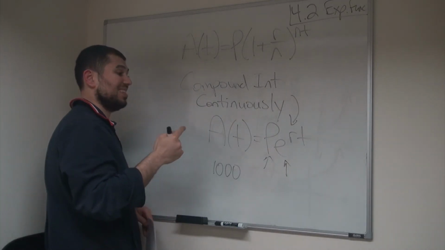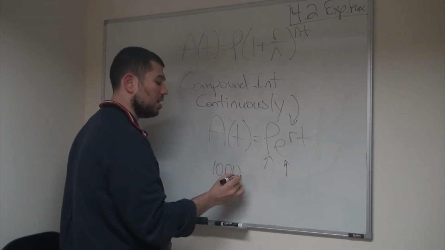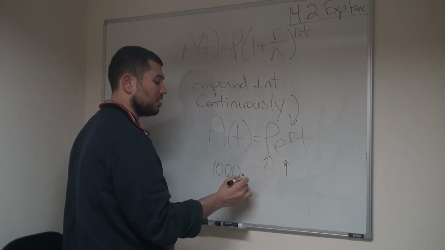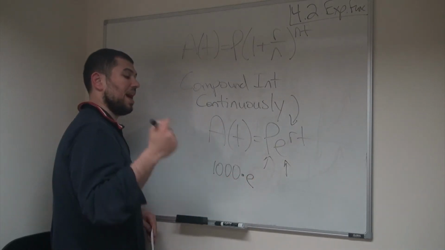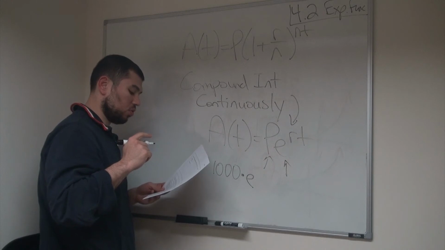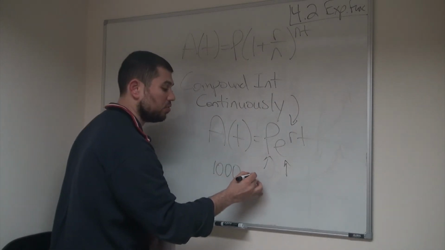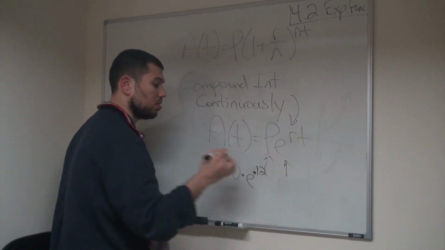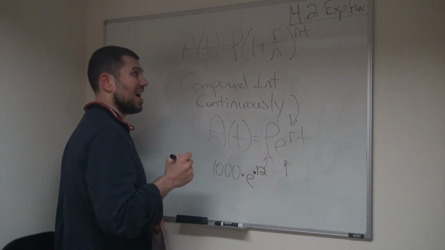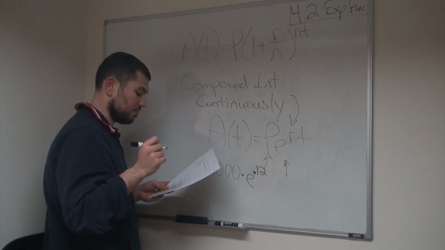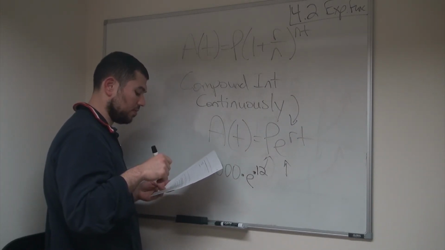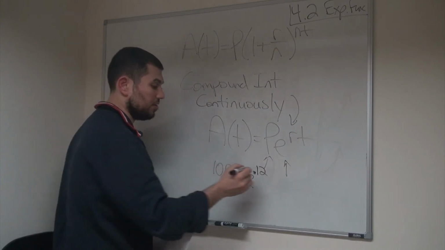Because we're compounding continuously, we're using a new formula. I'm going to multiply 1,000 by e to the power of the rate. The rate is 12%. So I'm going to use 0.12 times time. The number of time, what did we say? 8 years.